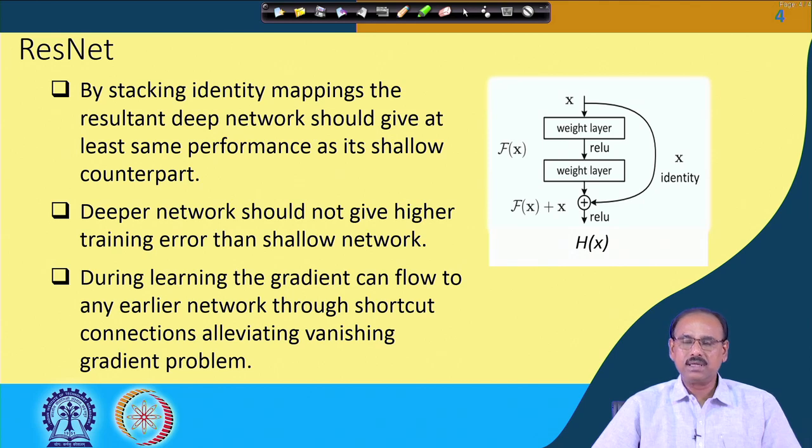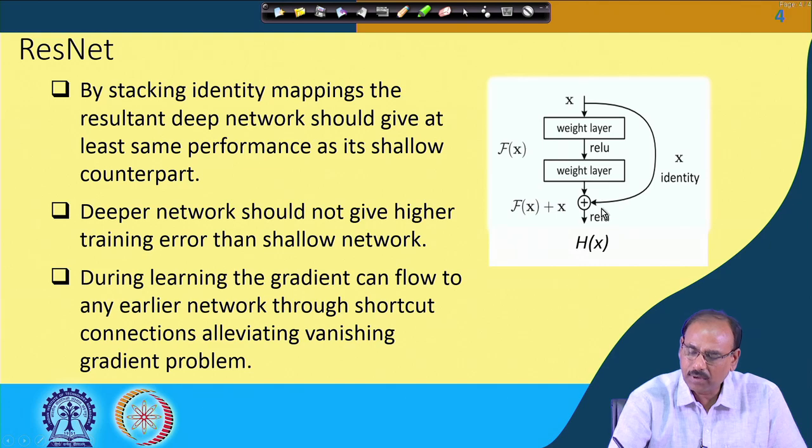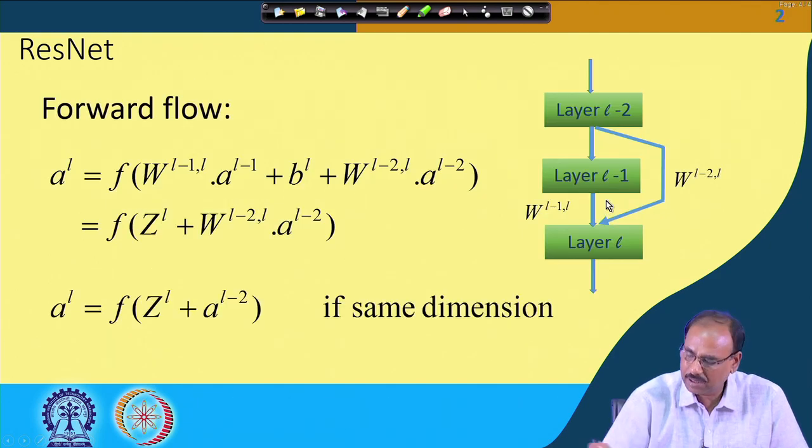And during learning, when we have to pass the error gradient from the output side towards the beginning of the network, such gradients can also flow from any layer to any earlier layer through the shortcut connections.